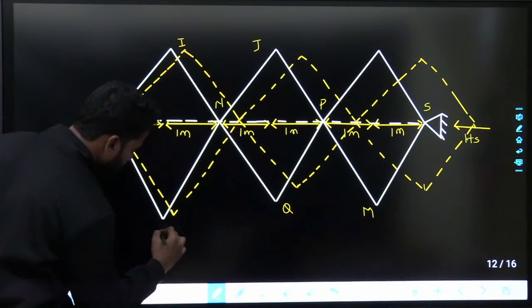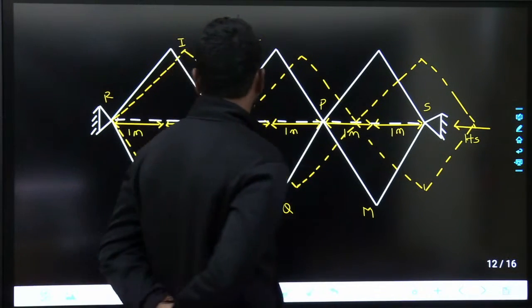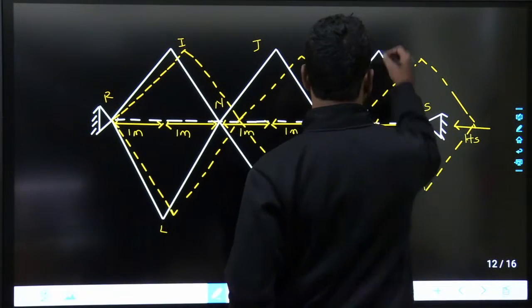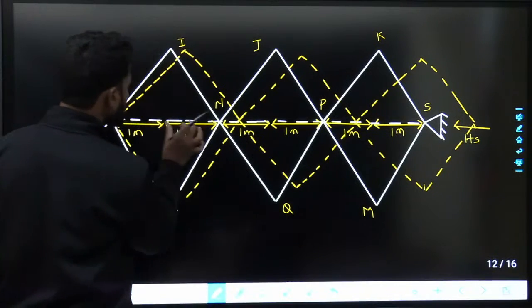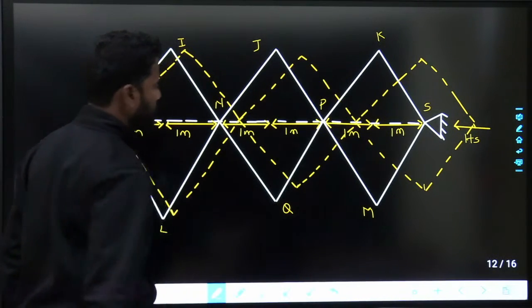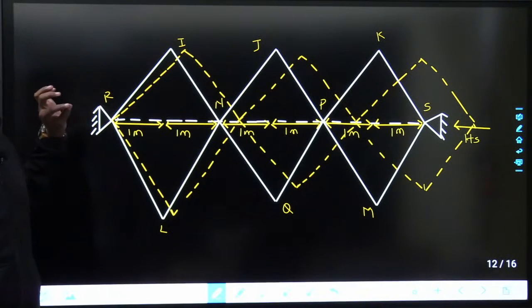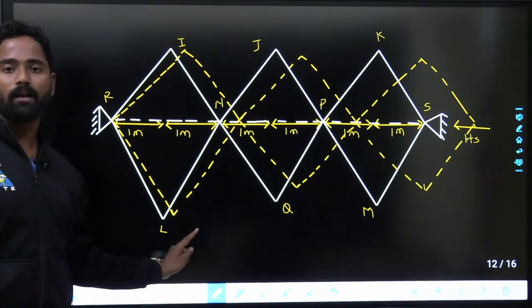This is I, this is L. R, I, J, K cube, right? This is K. Everything is 1 meter, 1 meter, 1 meter, 1 meter, 1 meter, right? So if I am giving an angular displacement of theta, what would be the horizontal movement of I and L?